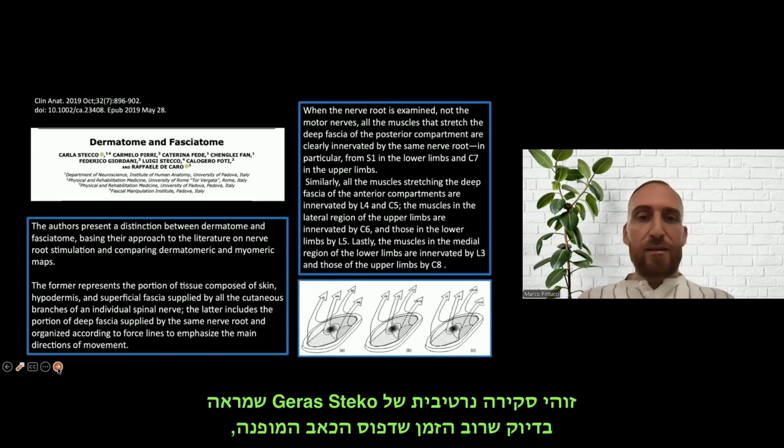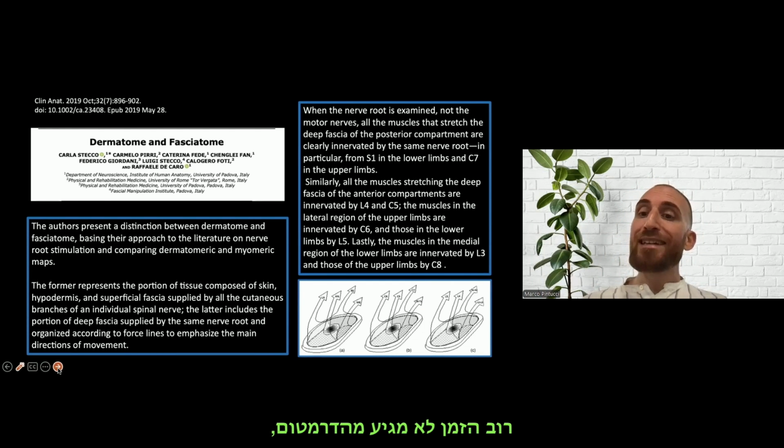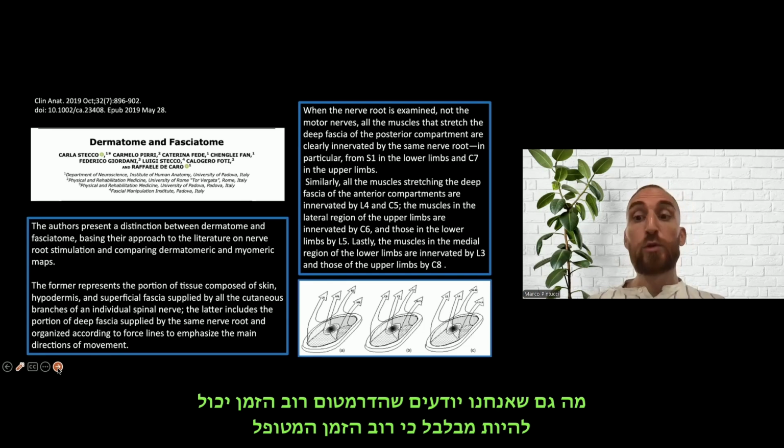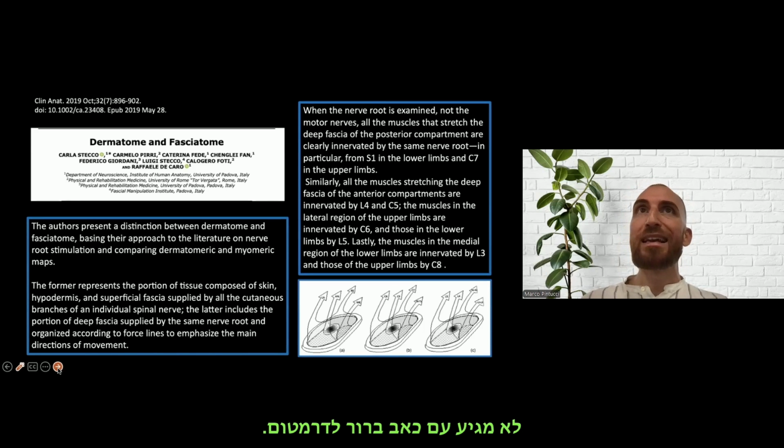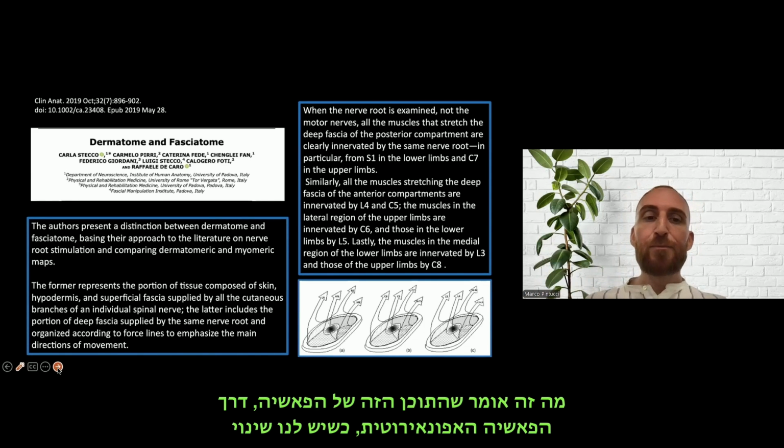This is a narrative review published by Carla Stecco that shows exactly that most of the time the referred pain pattern that we see in our clinical practice does not come from the dermatome, which we also know can be confusing, because most of the time the patient does not come with a clear pain that follows a clear dermatome, but it follows more the continuity of the deep fascia. What does it mean?